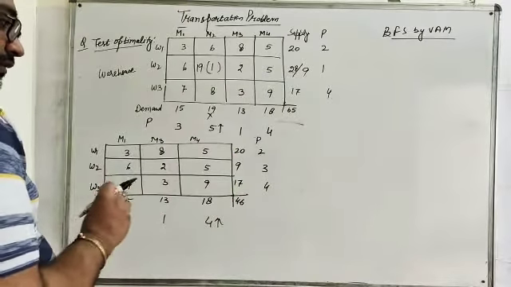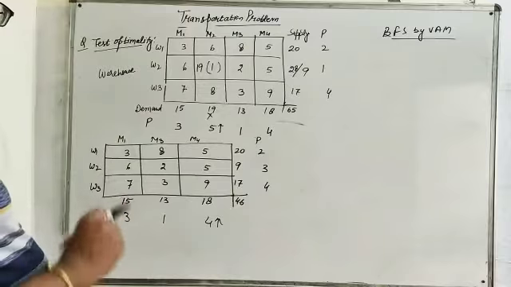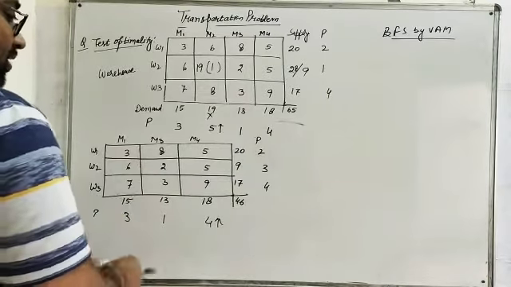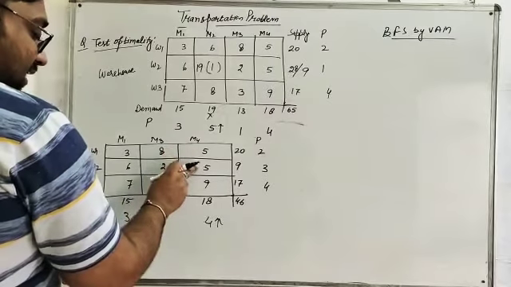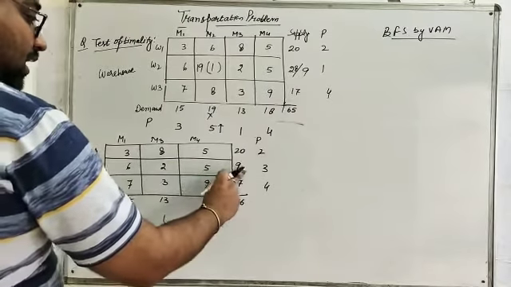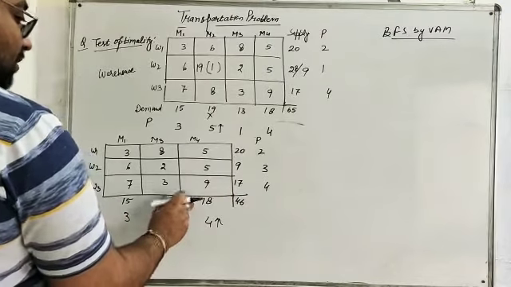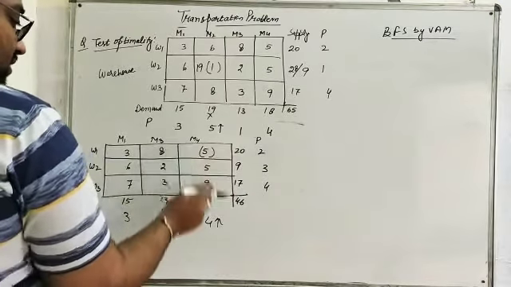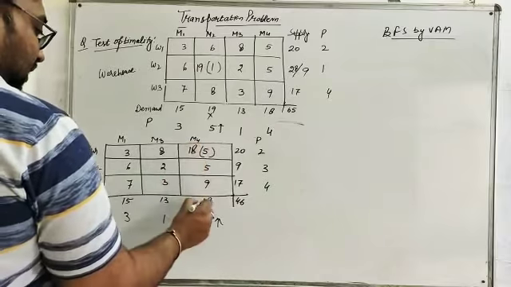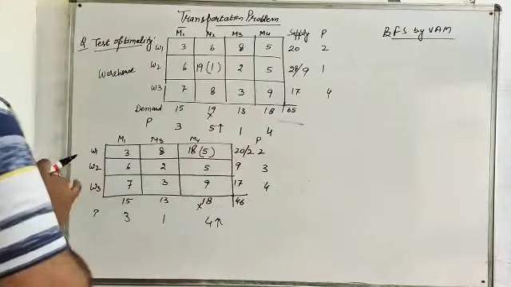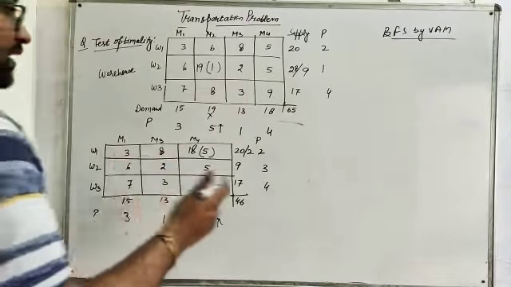We have to select the element where we can consume the maximum demand or supply. If we select this 5, we can consume only 9 demand, and if we select this one then we can consume the entire demand. So we consider this and put the entire 18 on it. What is remaining? 2. So the entire entry is completed.